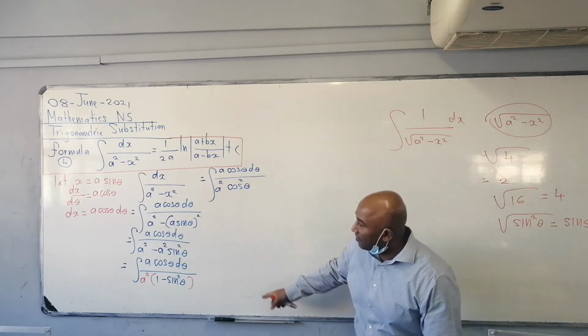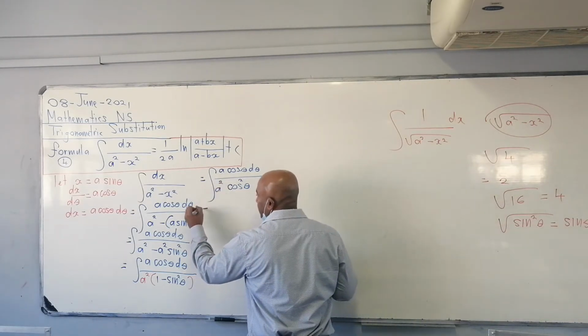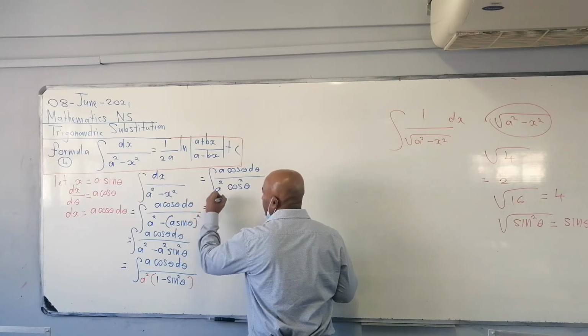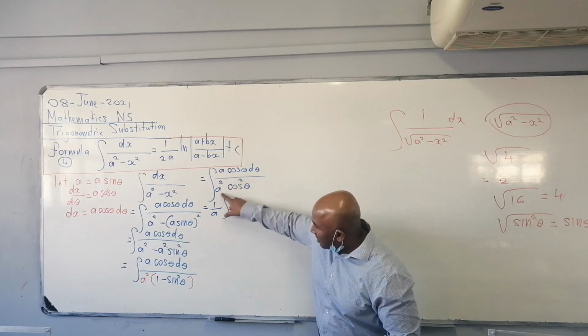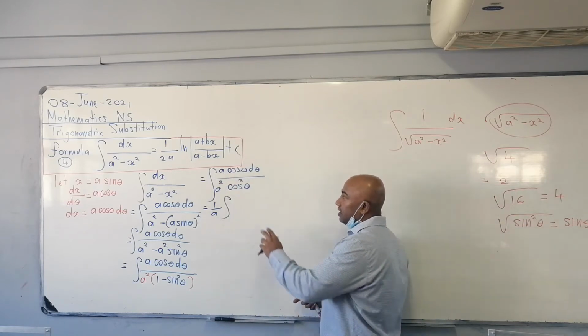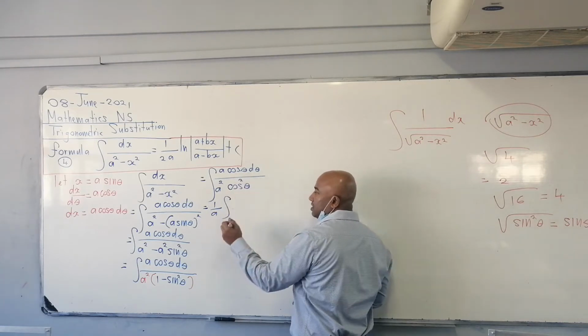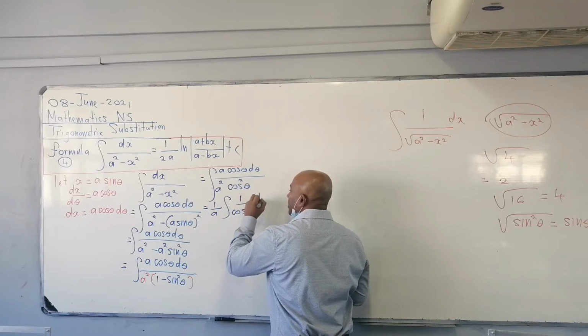So now I can simplify this. I have a divided by a squared, which is 1 over a. You're clear with that? There's a on the top, divided by a squared, a will cancel, that's 1 over a. Here, cos divided by cos squared will be the same as 1 over cos.